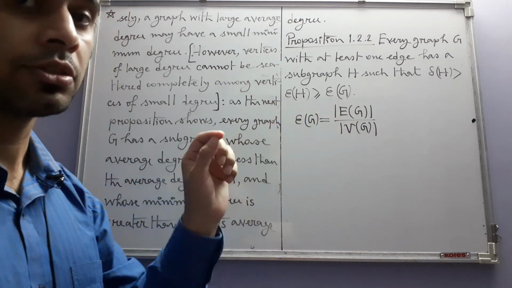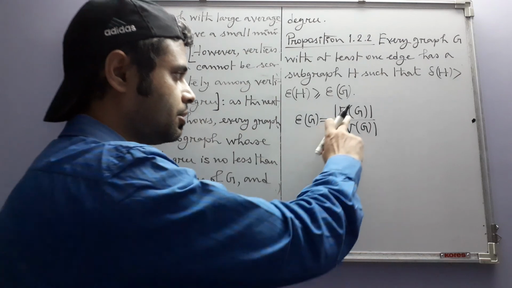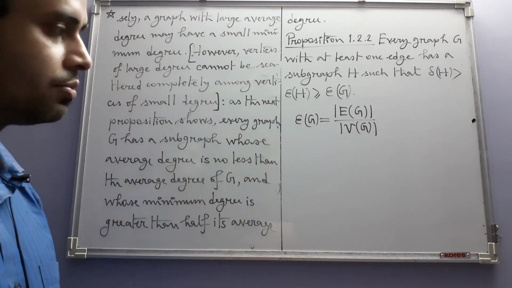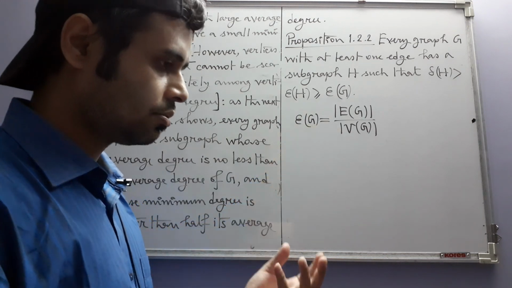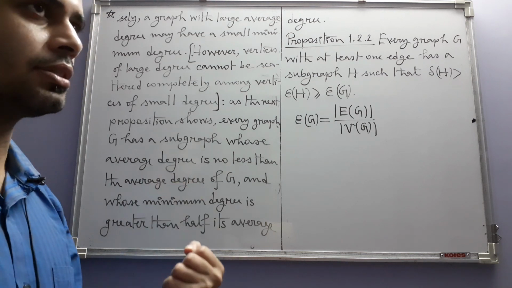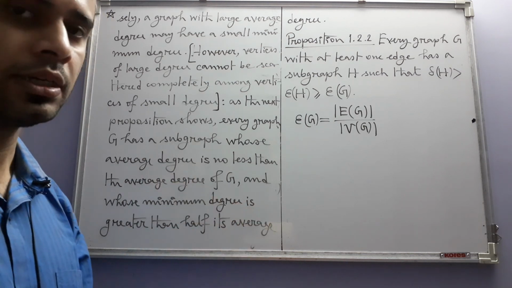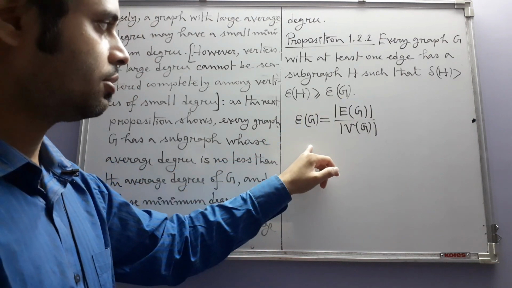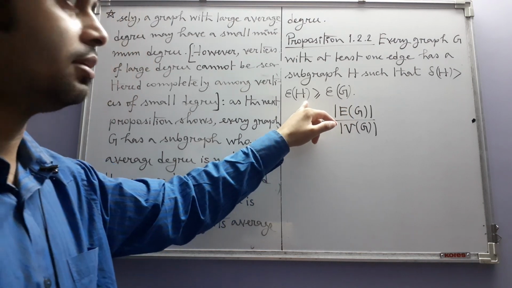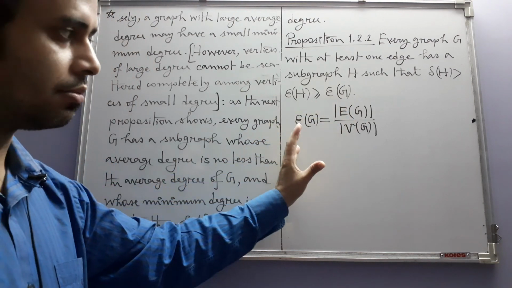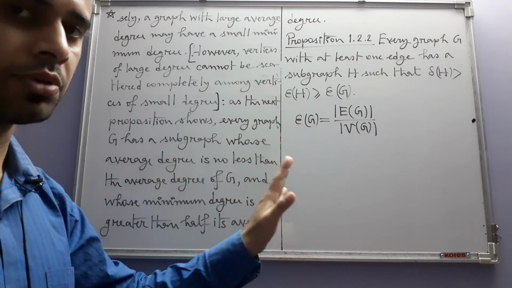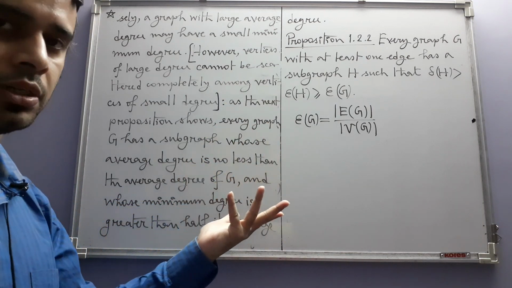The numerator also possibly decreases because the edges incident with that vertex get removed. So what type of vertices should I remove? How should its degree be restricted so that this ratio does not decrease? It either stays the same or it increases. If you can figure that out, then you can prove this. In fact, that's what we will do in the next video.